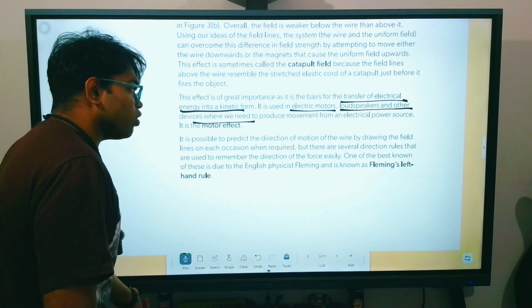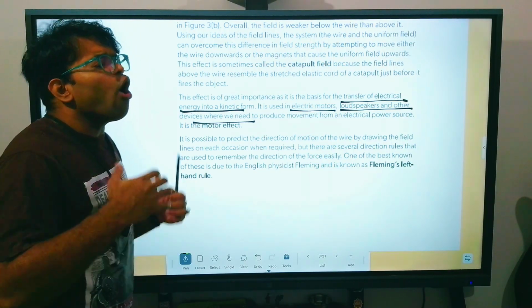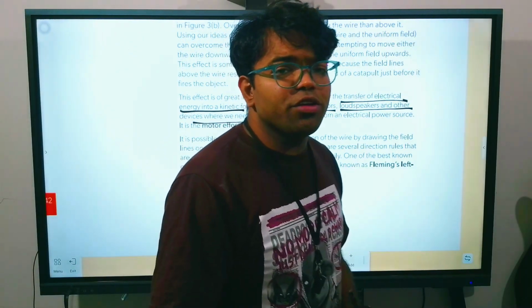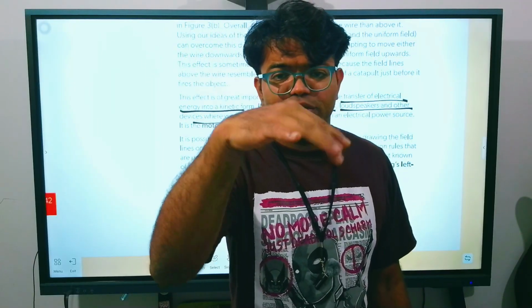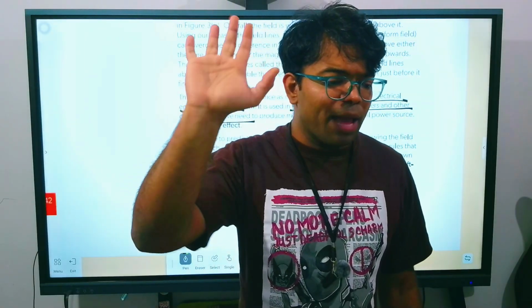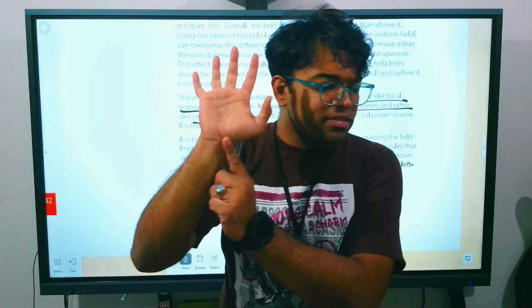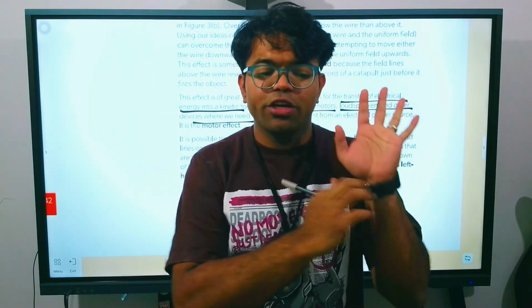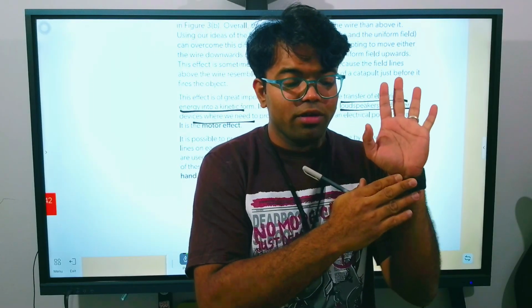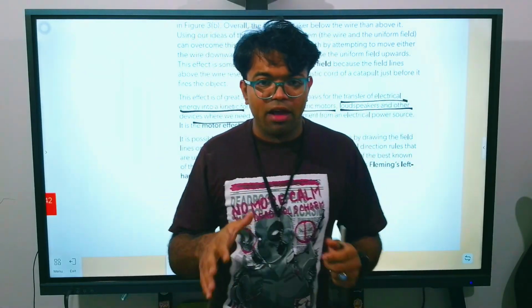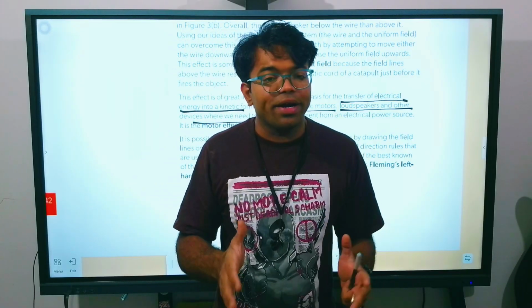Now, is it possible to predict the direction of motion? Obviously, we are going to use Fleming's left hand rule or simply the vector product. I'll teach you both of these. I personally prefer the vector product. I usually don't prefer Fleming's left hand rule, but both of them have their own advantages.